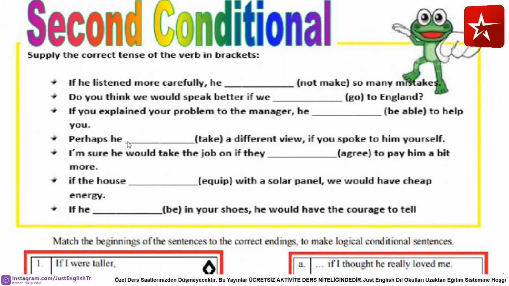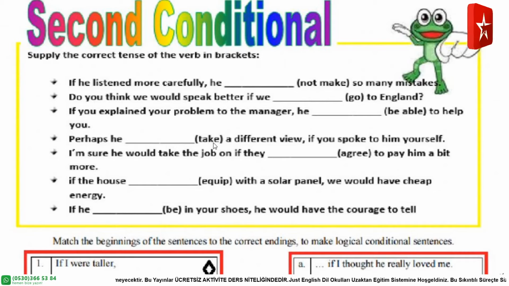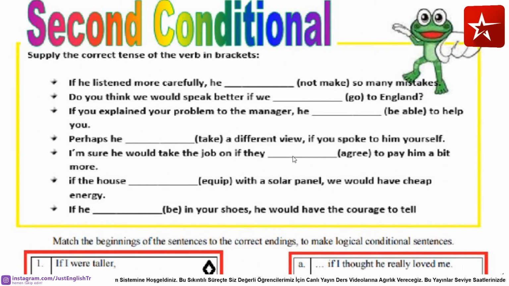Perhaps he would take a different view if you spoke to him yourself. Would take. Great, Elif. Onur is also correct. Great. Okay, next one. I'm sure he would take the job on if they. That one is interesting. If they what?